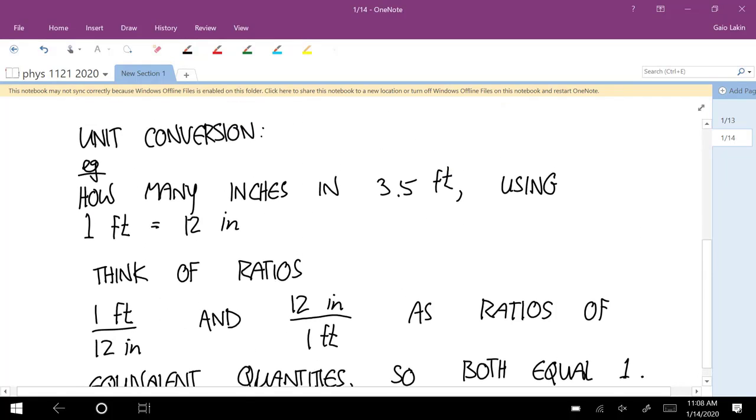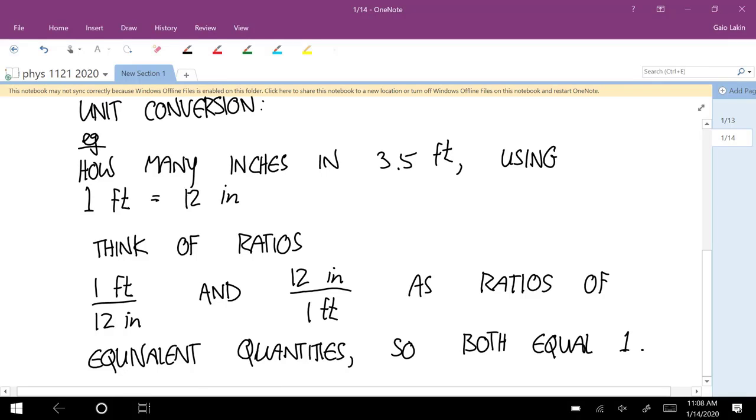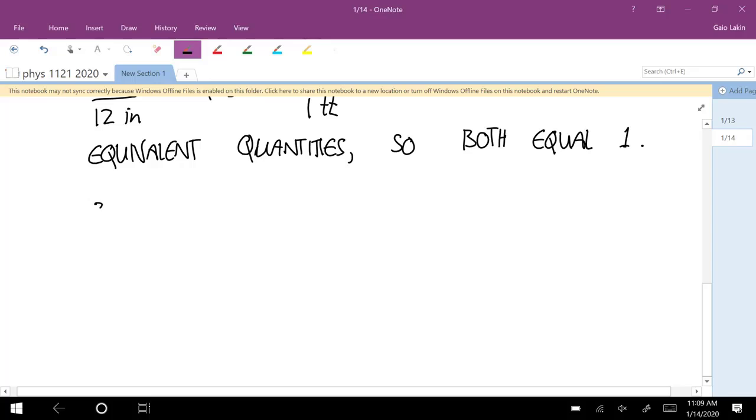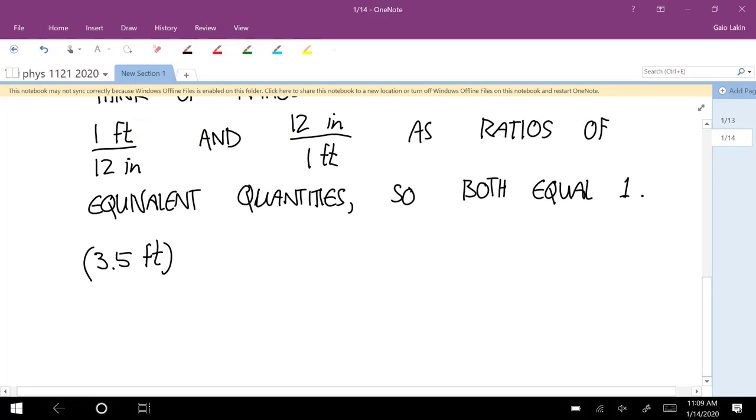So we're going to take that 3.5 feet, that's our starting value, and we're going to multiply it by one of these ratios. And that's going to change the units without changing the actual thing that it represents, okay? So 3.5 feet. We're going to multiply that by either 1 foot over 12 inches or 12 inches over 1 foot.